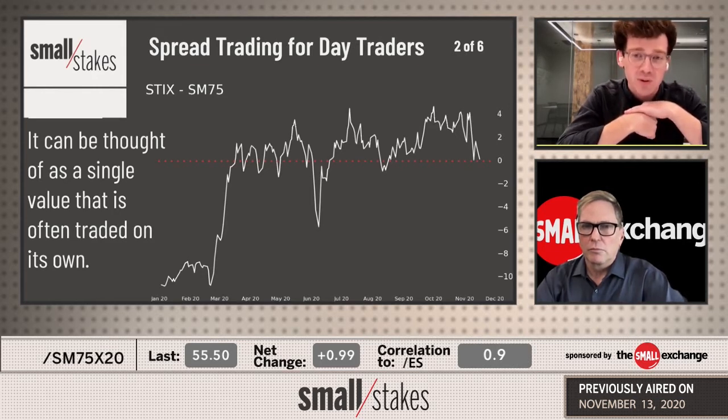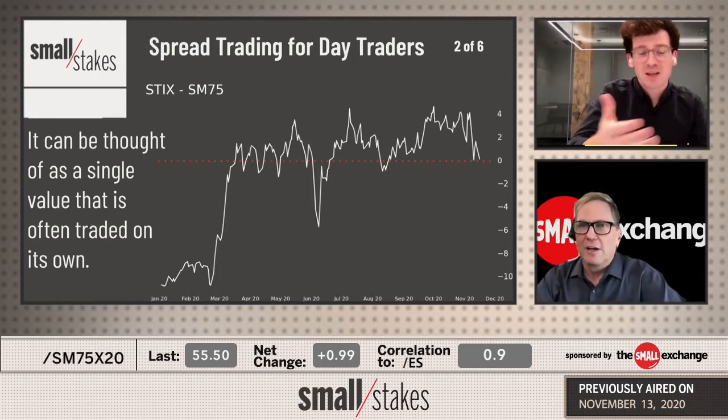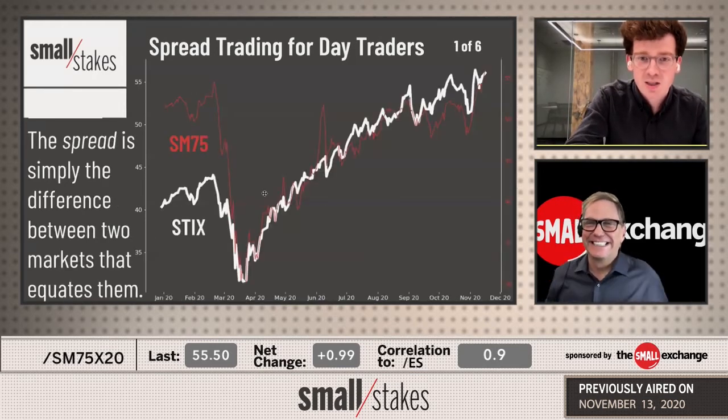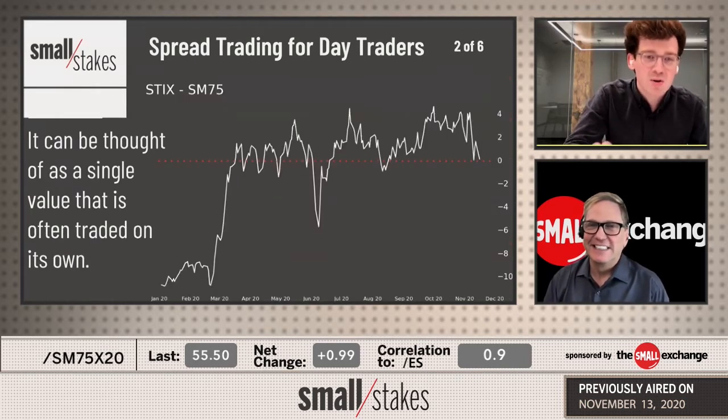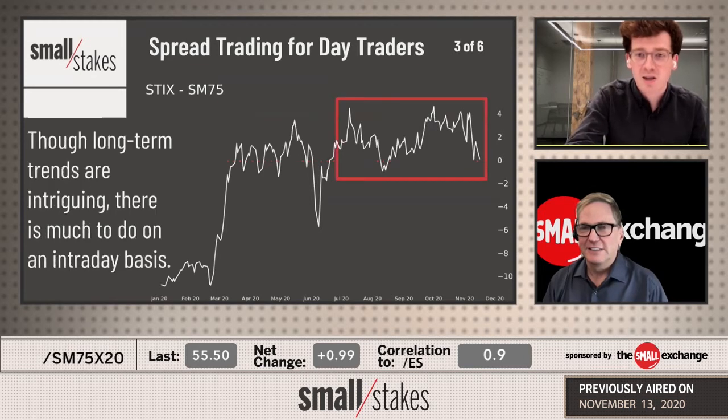They have to give 3 points, and then they lose Mitchell Trubisky, they lose their quarterback or whatever, and then that spread. I knew that. Well, just the spread moves back and forth, right? And what you're seeing here in the white line is just the difference between these two markets as its own single value. And that is often, Pete, traded on its own here.